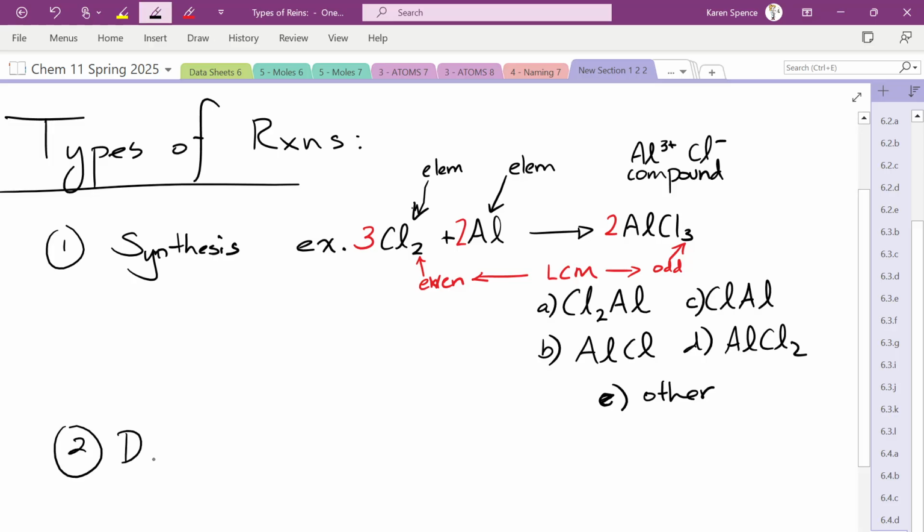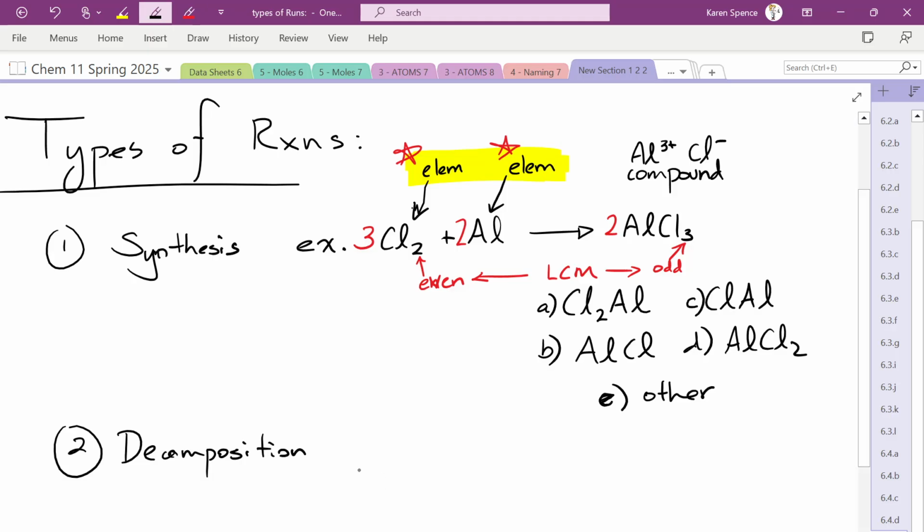Type 2, decomposition. So what you're looking for, by the way, when you have synthesis, is you are looking for an element and an element. That's how you'll know you have synthesis. You've got one element, you've got a second element.